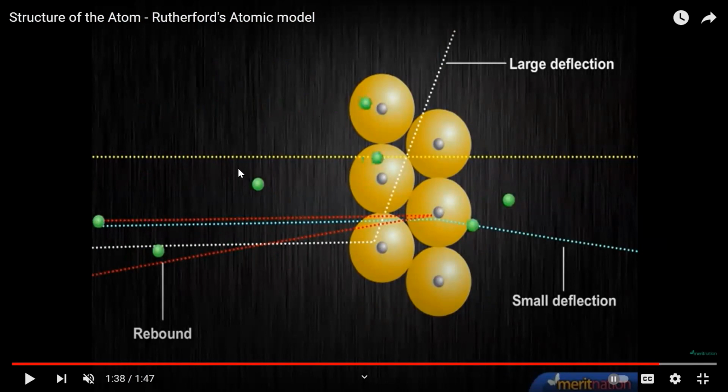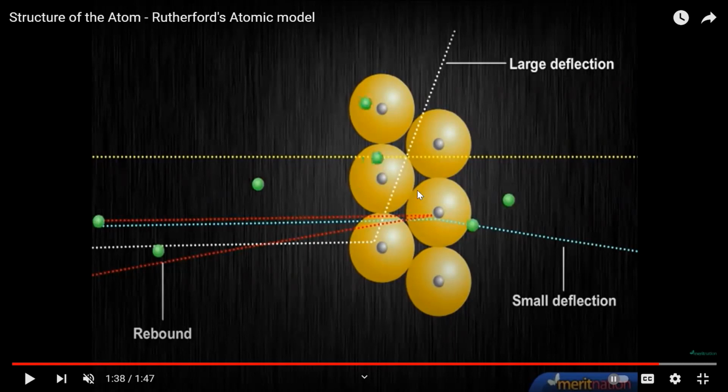Because most alpha particles pass through the gold foil undeflected. When I say most, I mean maybe 80 to 90% of the alpha particles pass straight through. This yellow line indicates that the atoms are mostly made of empty space. Okay, this is the first thing they'll ask.